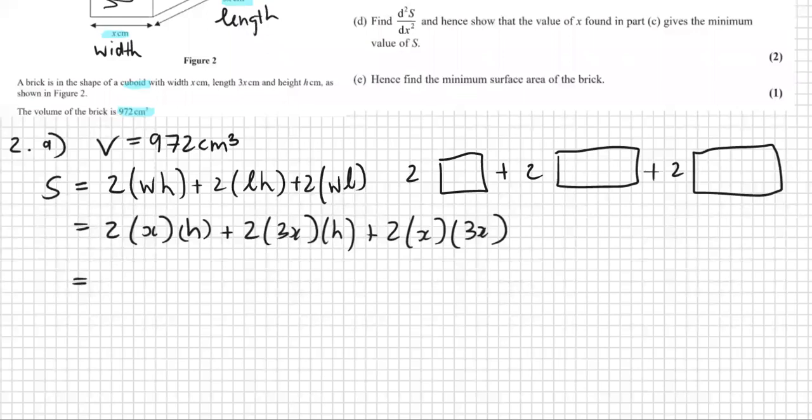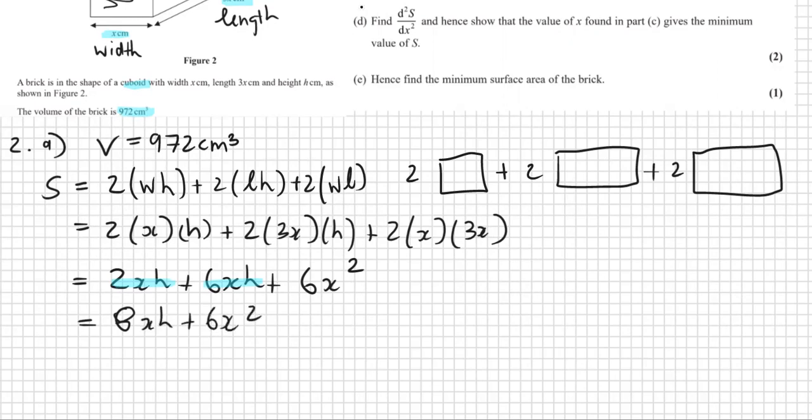This would be 2xh, 2 times x times h. 2 times 3x is 6x, times h is 6xh. 2 times 3 is 6 again, and this time it's x times x, so it's 6x squared. We can add like terms, so 2xh and 6xh can be added together. 6 plus 2 is 8xh plus 6x squared.